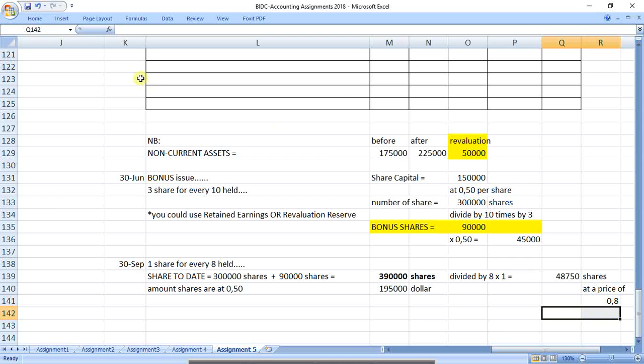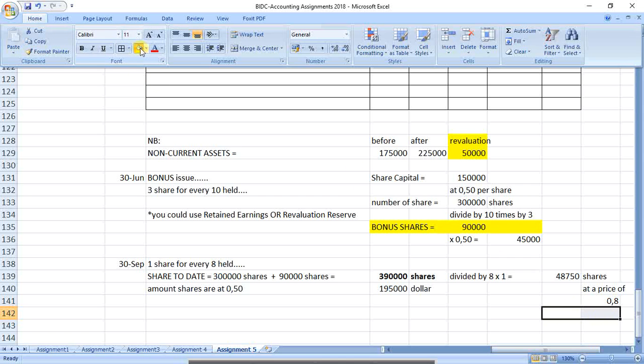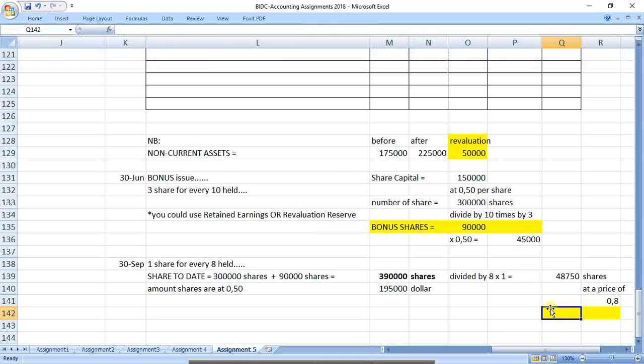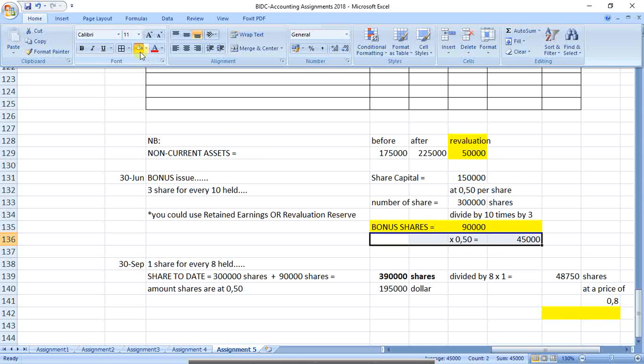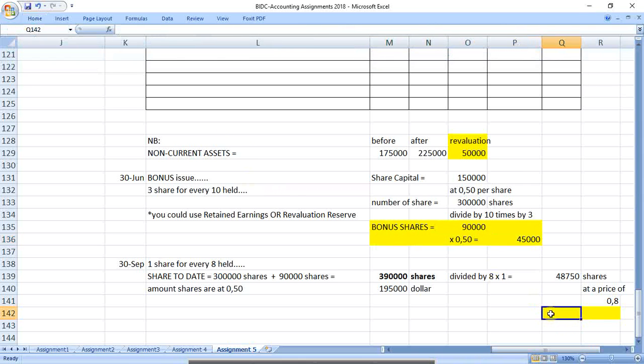So the equity that you're going to be issuing in the rights issue is this. Let's highlight that because that was an answer. So that would have been 48,000 shares times 80 cents gives you $39,000. That's the dollars.